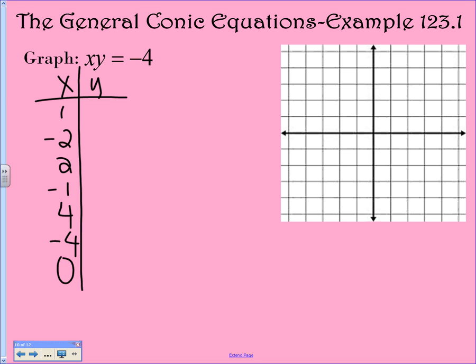Okay, if you plug in 1, what do you get for y? Okay, if you plug in -2, 2, -1, 4, -4, 0. Undefined, right? Does not exist. Okay, so now we go and plot our points, right?